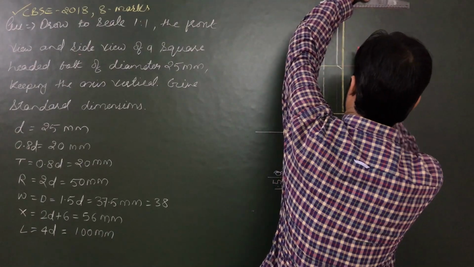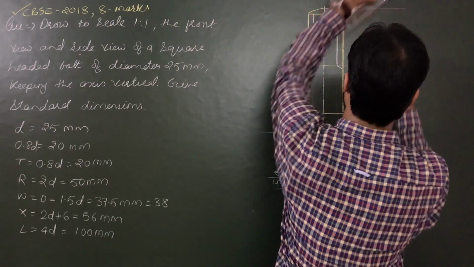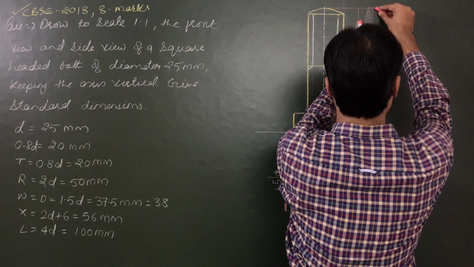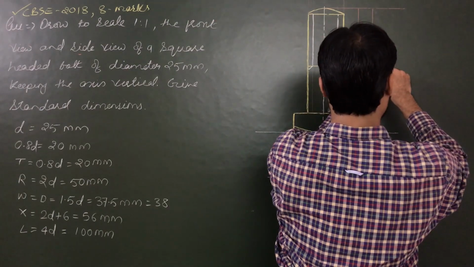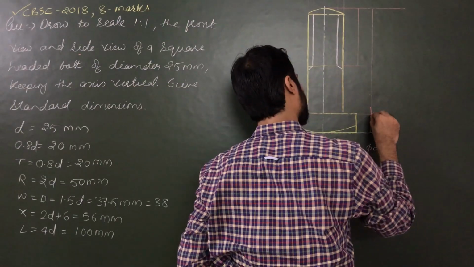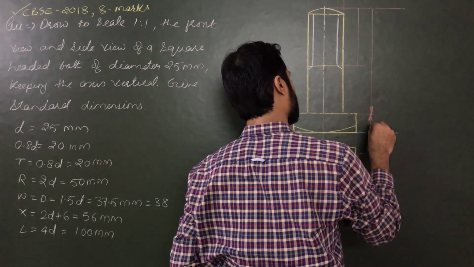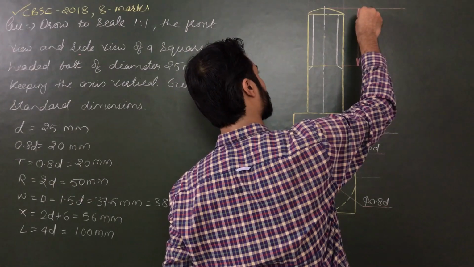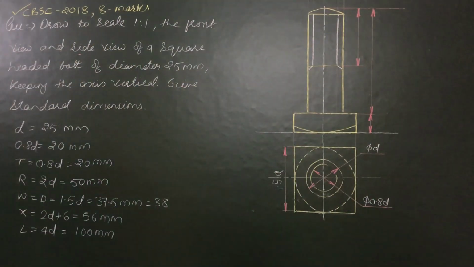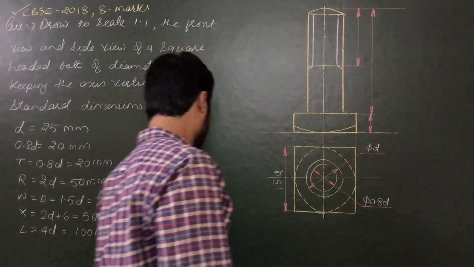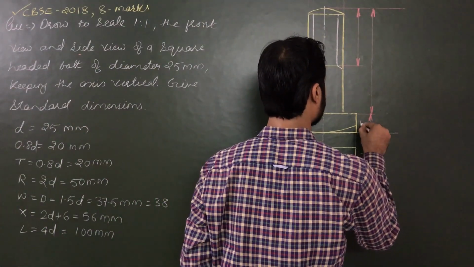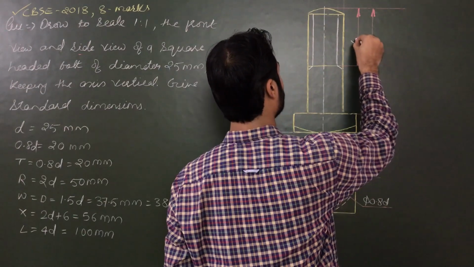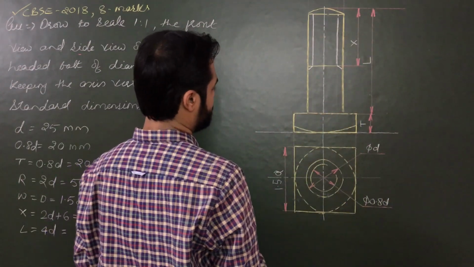Okay, next is length of thread and then length of the bolt. Right.